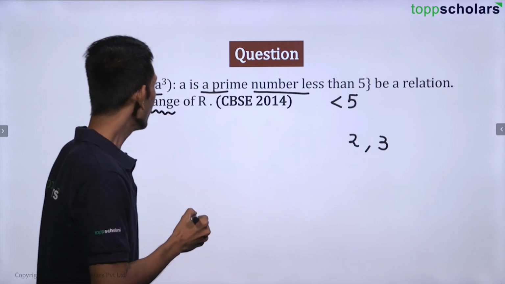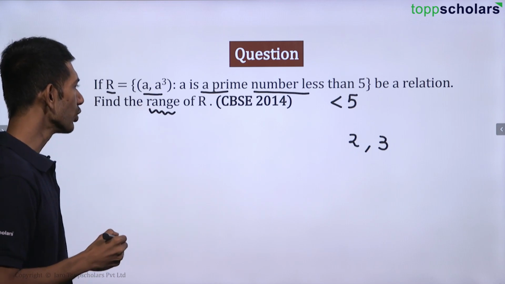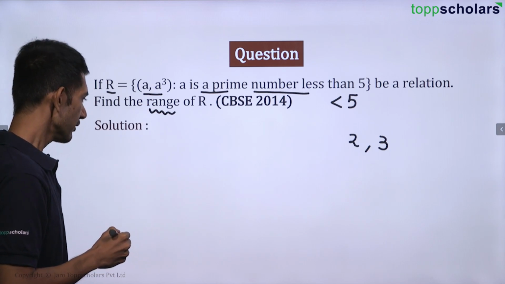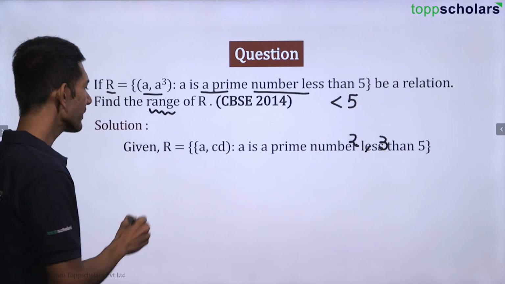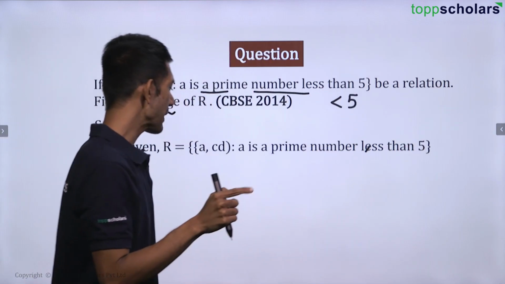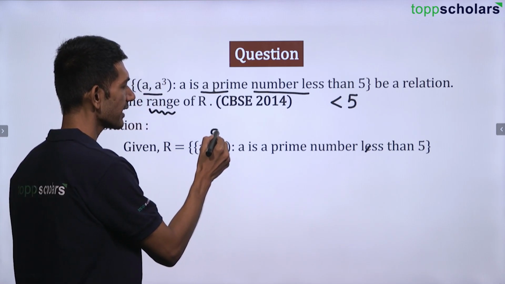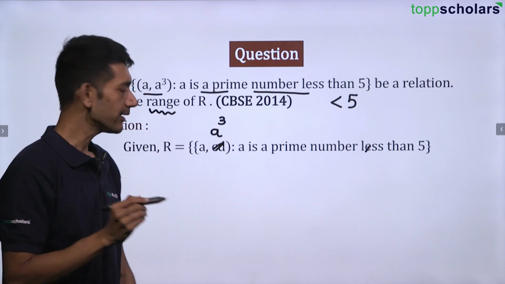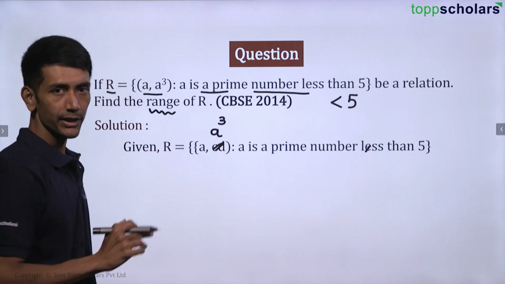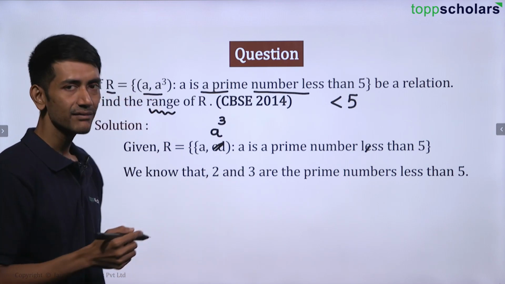Okay. Now, how is the ordered pair? The ordered pair is A comma A cube. So, we are already given that R is a relation where A is a prime number less than 5, and this is A comma A cube. So, can I say 2 and 3 are the prime numbers less than 5? Yes.